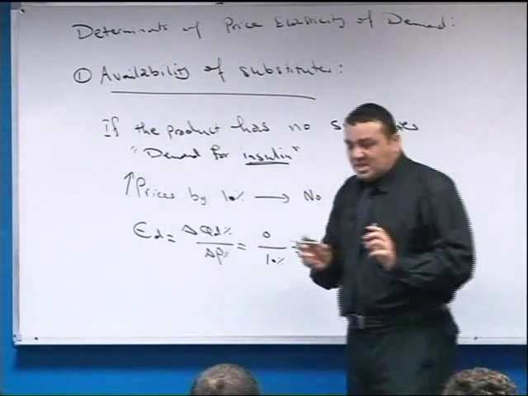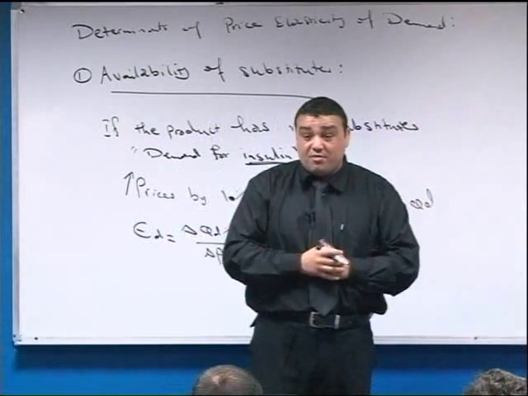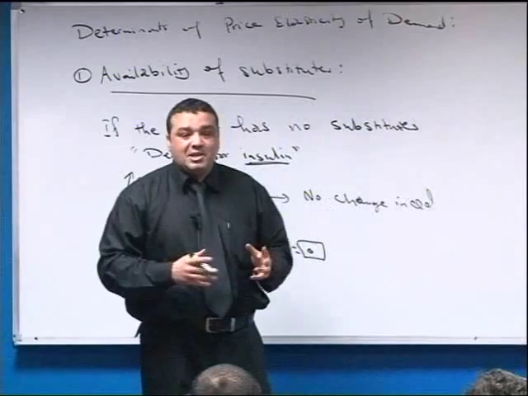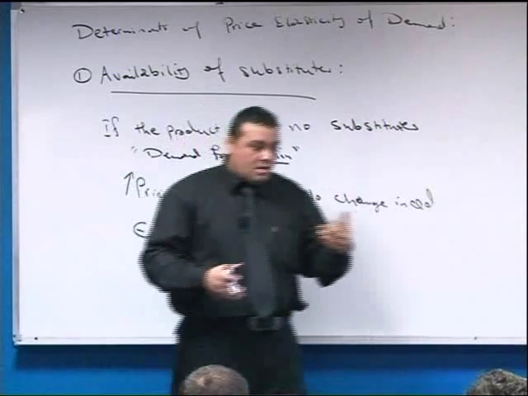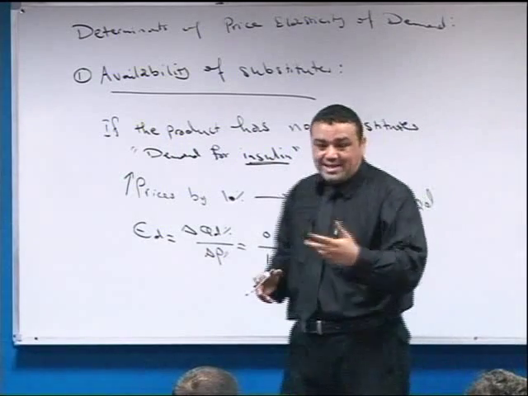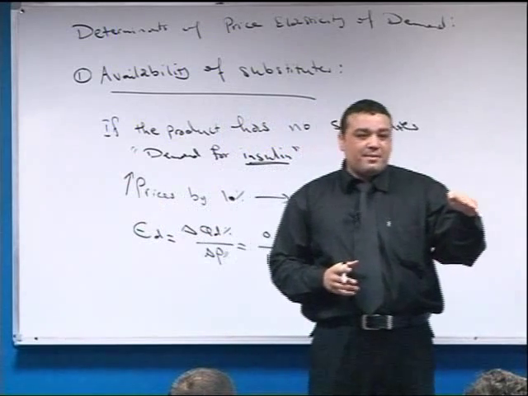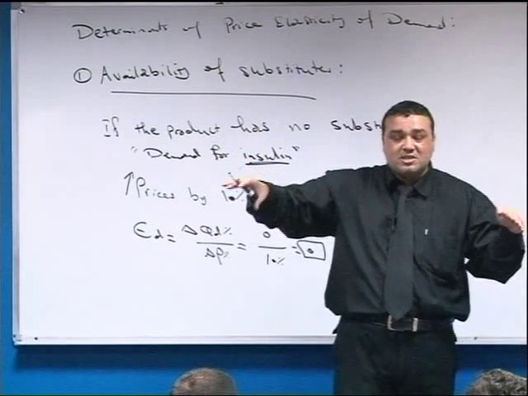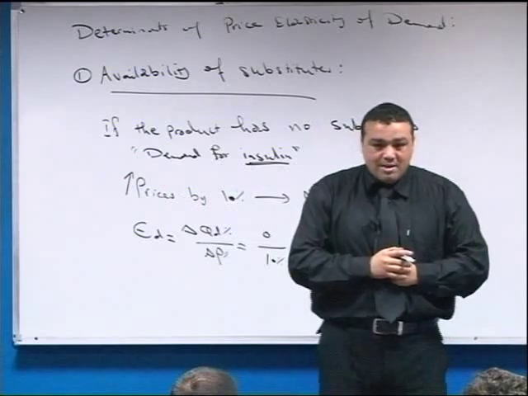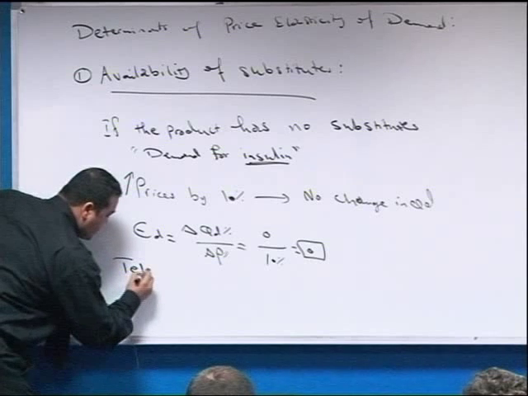Sometimes there are a few alternatives or substitutes for the good, like the demand for telecommunication services. For Jawwal or for Paltel we have maybe two alternatives. In this case, increasing the prices of telecommunication services leads to a smaller reduction in the quantity demanded.